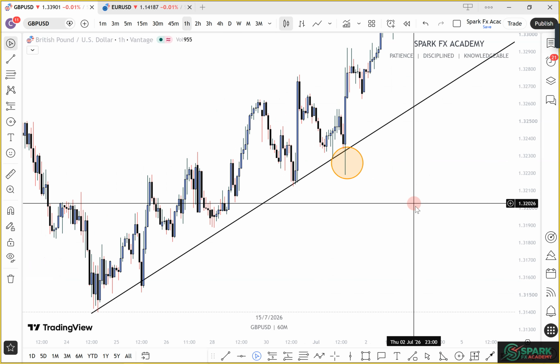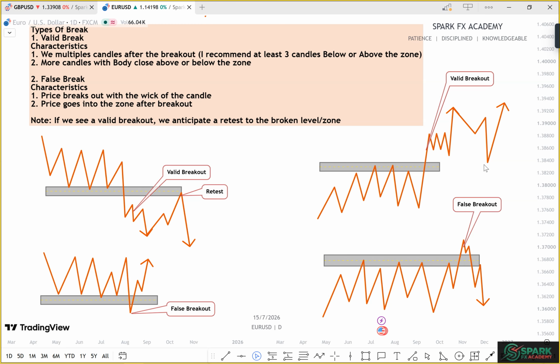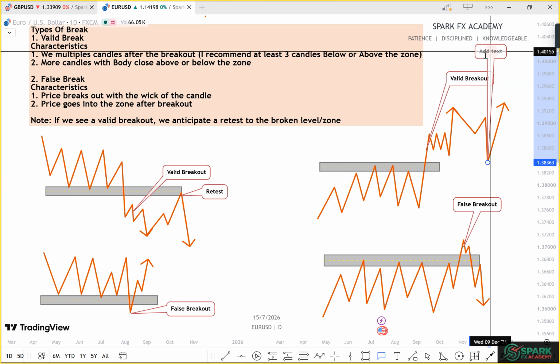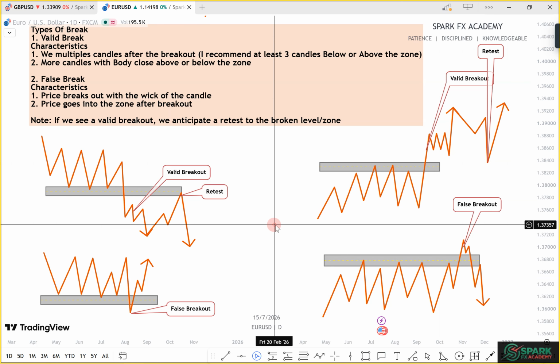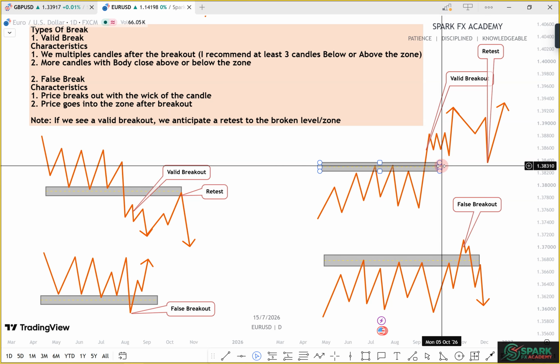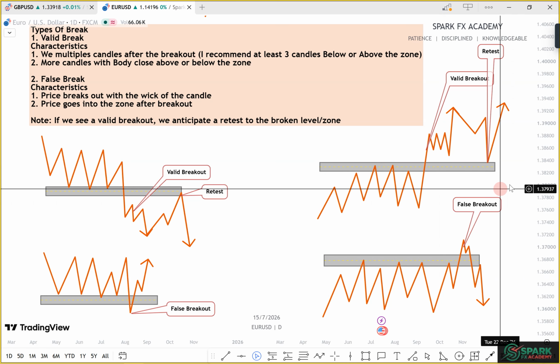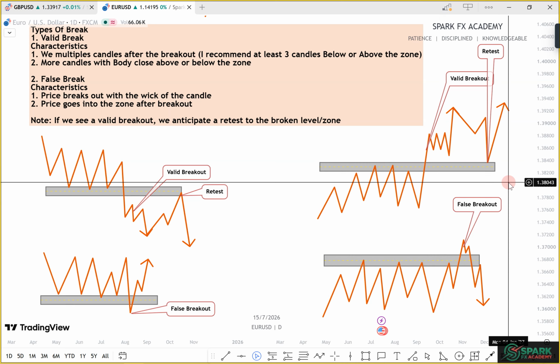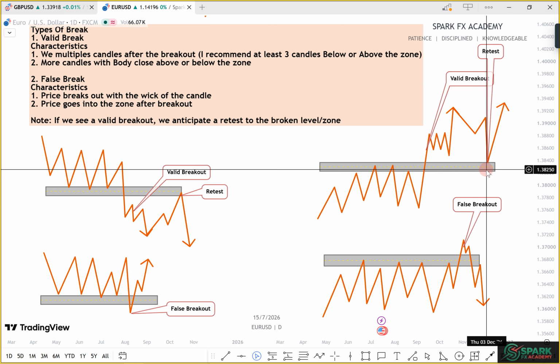Price broke up, we anticipate price to come down to the zone and then push up. So you can also see the retest here. Do you understand? Yes, it's called a retest.